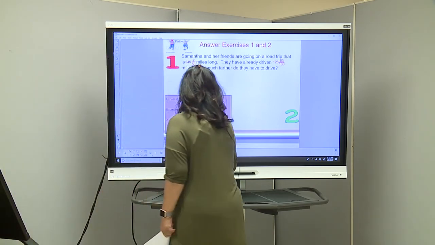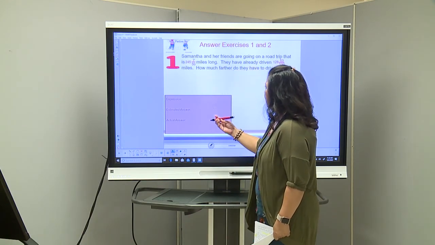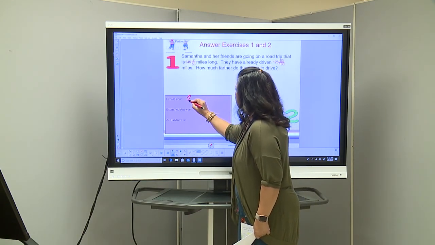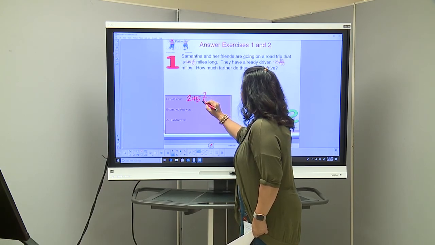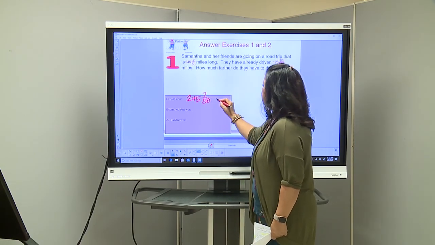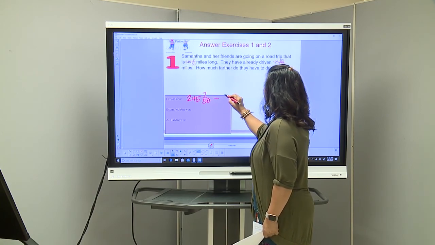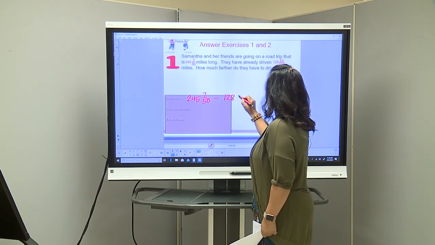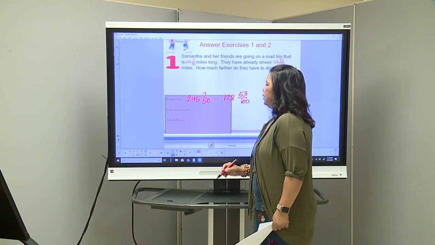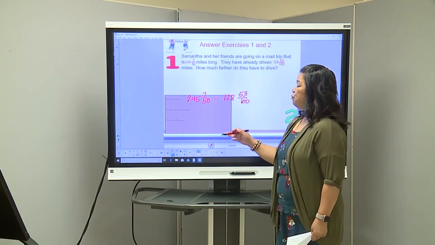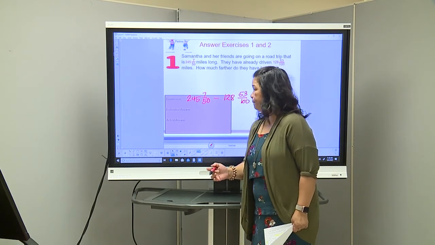So let's start with the expression. We are subtracting 245 and 7/50ths minus 128 and 53 hundredths. Okay. Now we're going to estimate by rounding to the nearest whole number.